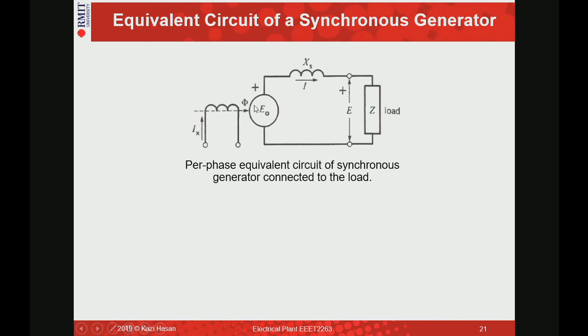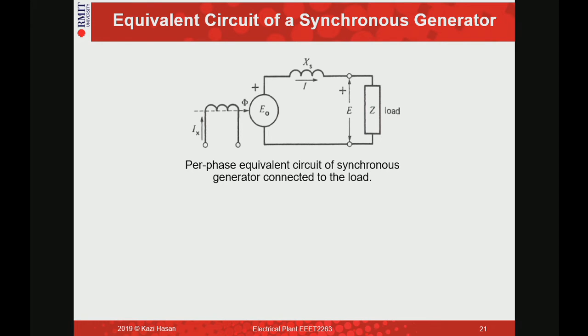The internal voltage of the generator is E0, that is the generated voltage. Then in the synchronous reactance, there is a voltage drop. That's why the voltage at the load end is different than the generated voltage. So the voltage at the load end is E. If we write Kirchhoff's voltage law, that will give us E0 equal E plus I, the current, jXS.